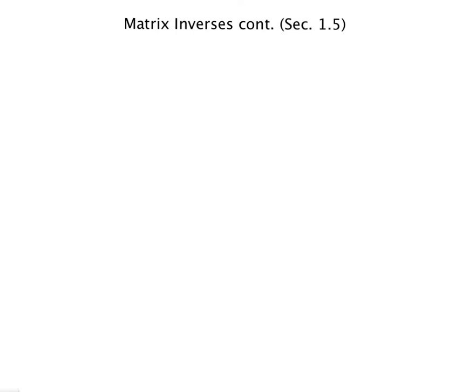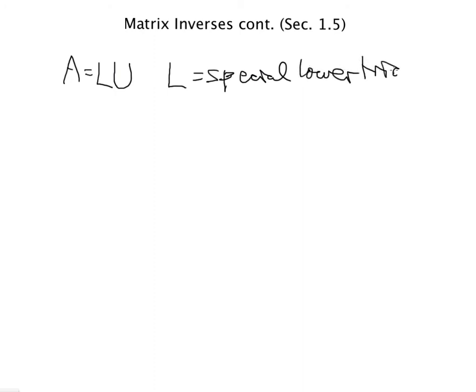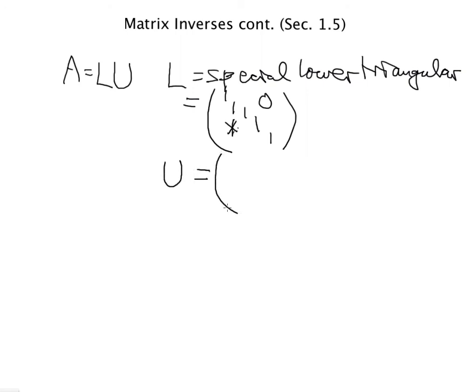So remember, the LU decomposition is that we write a matrix A is equal to L times U, where L is special lower triangular, which of course means that it's lower triangular, and special meaning it has ones on the diagonal, and U is upper triangular, meaning it's allowed to have anything on the diagonal, but it's required to be upper triangular.